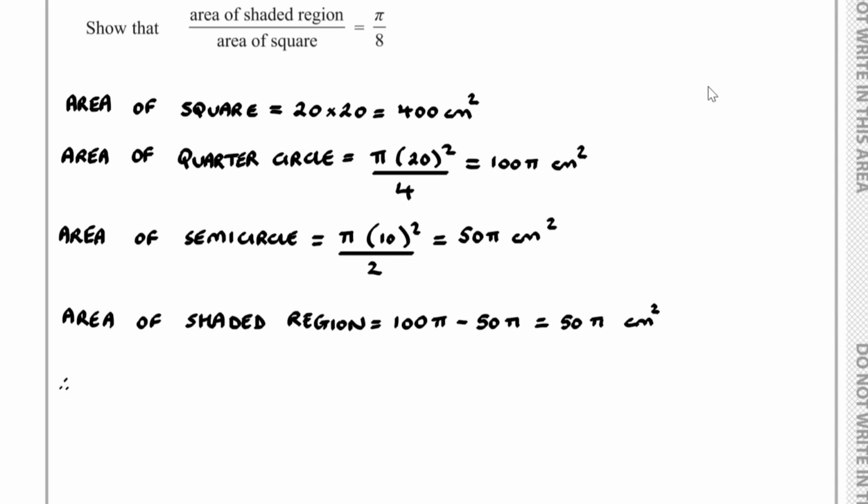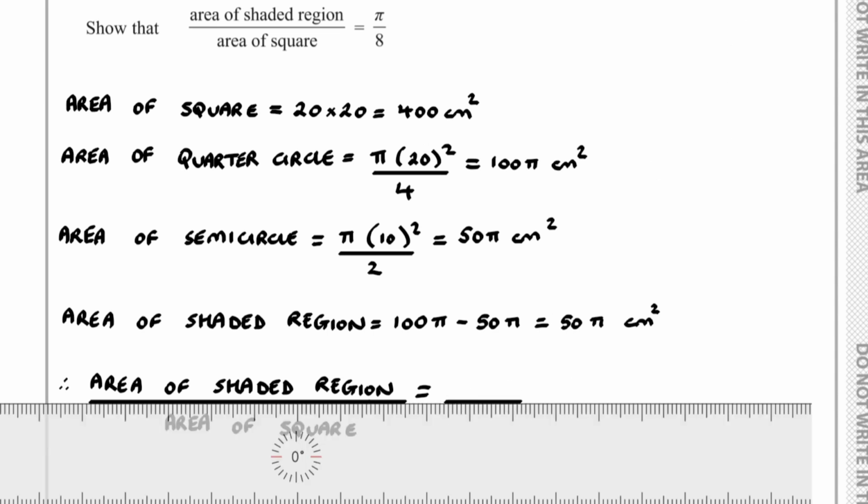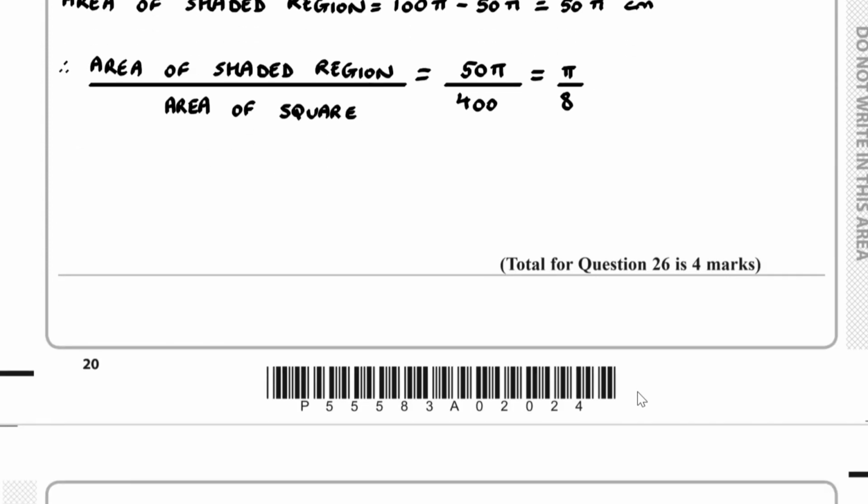And therefore, the fraction area of shaded region over area of square, we've got here 50 pi divided by 400, which simplifies to pi over 8. So we have pi over 8, and that's what we wanted to show.